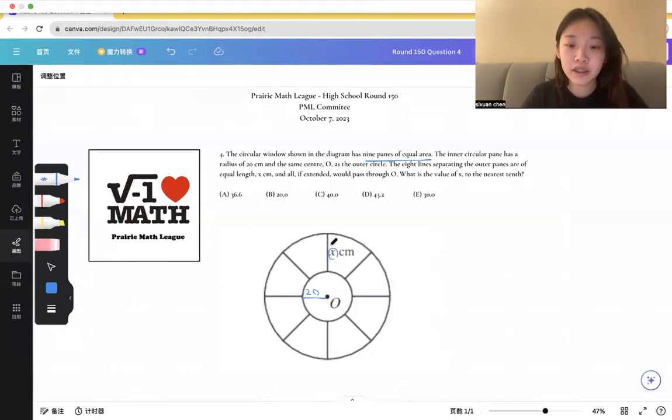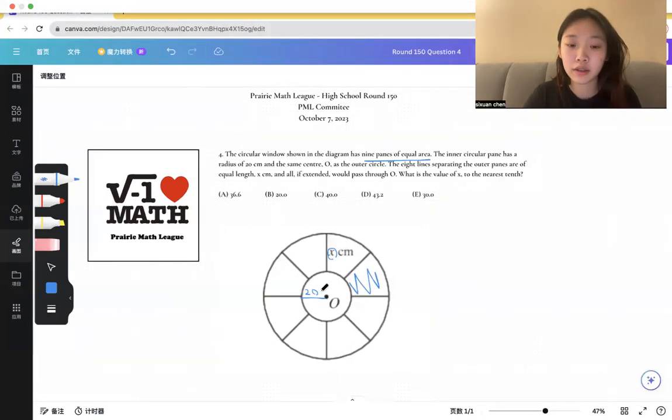If we're looking for the value of x, we can first try to find the area of this shape that x created right here. And if we know that this shape has the same area as this little circle in the middle, because all 9 planes have equal area, we can first find the area of this circle.